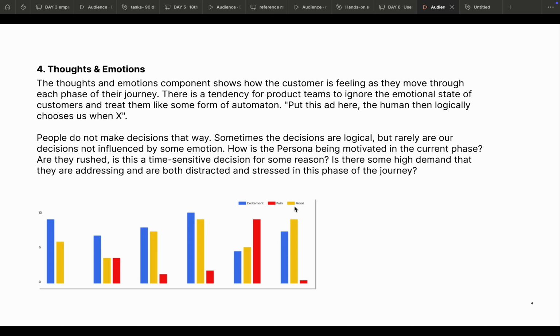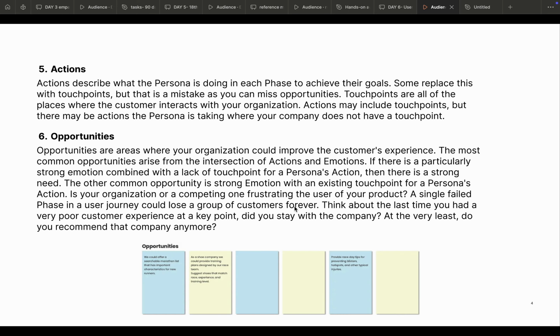Sometimes users may make a decision that is logical, but sometimes it may get influenced by emotion. And actions means what the user is trying to achieve during that phase, like is he trying to achieve his goal, or do we need to replace this with touch point.